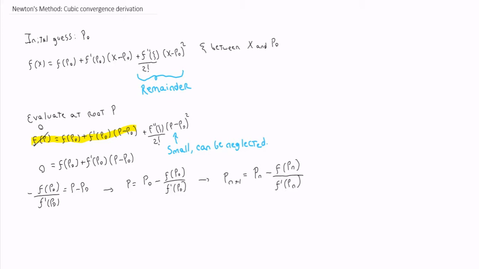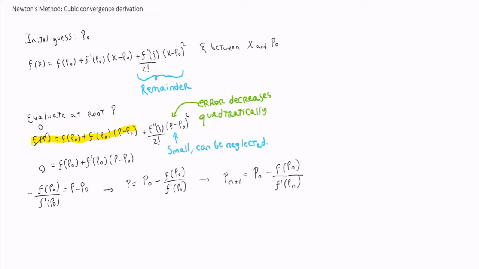Now, this is not a formal proof by any means, but we can say that the error decreases quadratically, and that's because the Taylor remainder, which is the term that we neglect, has the error of the function, p minus the approximation p sub 0, and it's a quadratic term, which means that for every particular iteration of this function, the error is going to decrease quadratically.